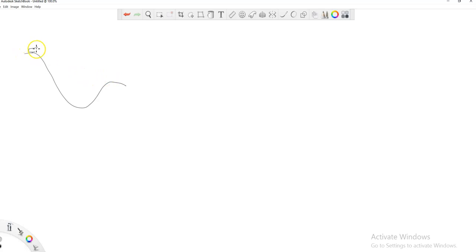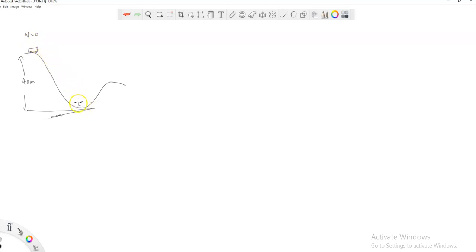So it starts up here, and let's say this is the ground level. Let's say it starts up here, maybe 40 meters above the ground, and let's say it starts from rest, so v equals 0.